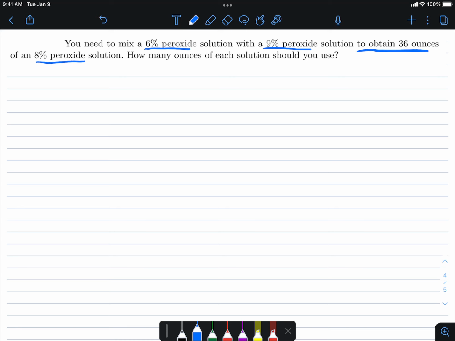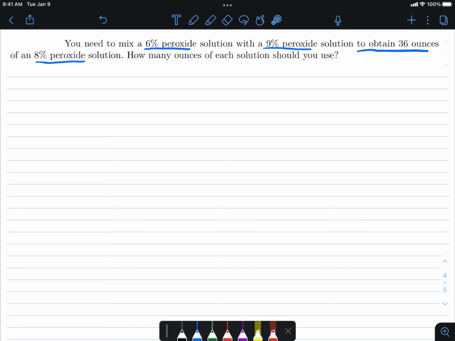Okay, so you have some sort of mixing process here where the resulting solution has a concentration of 8% that's different from the two and in between the two. That's always important, right?